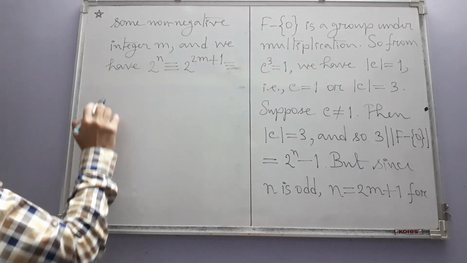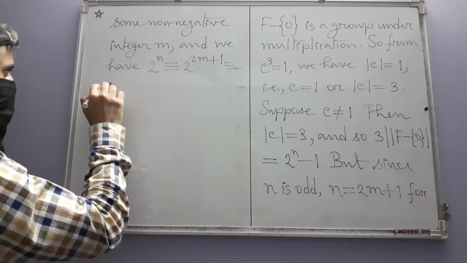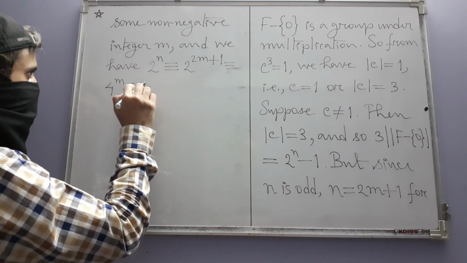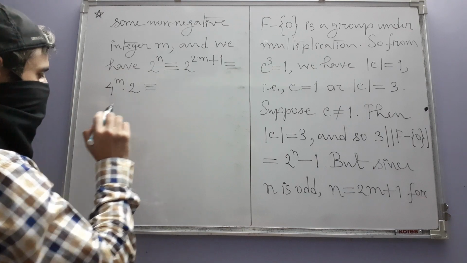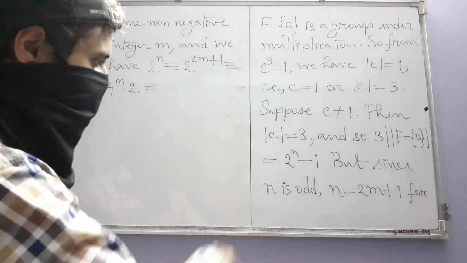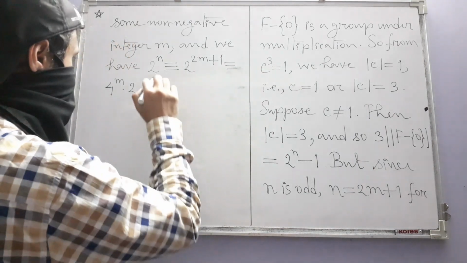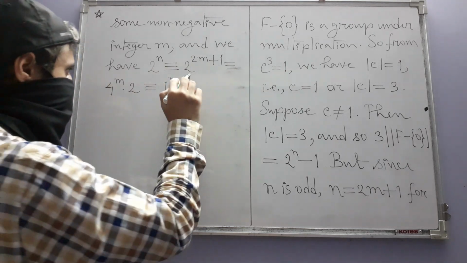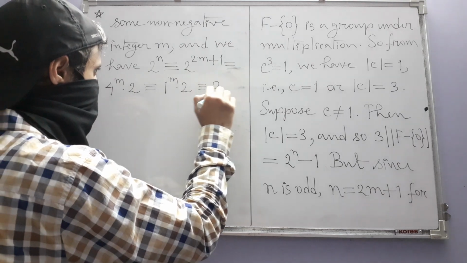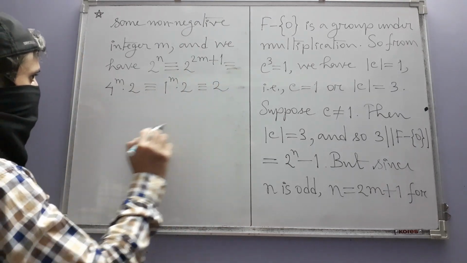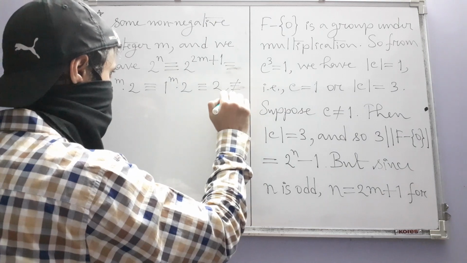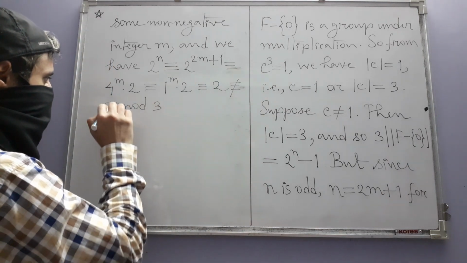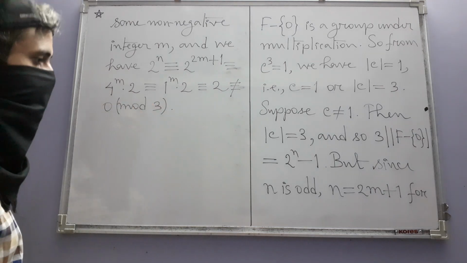This is congruent to, since 4 is congruent to 1 mod 3, we can replace 4 with 1, and 2 is incongruent to 0 modulo 3.